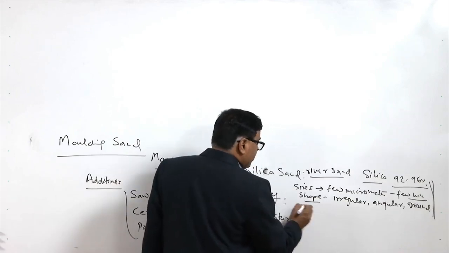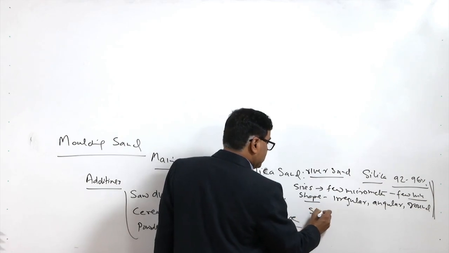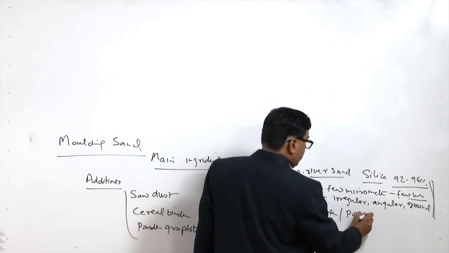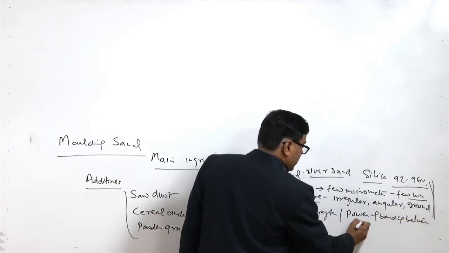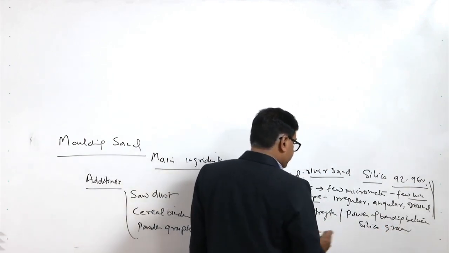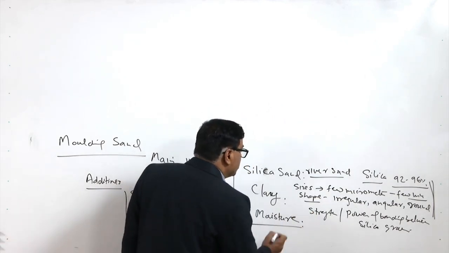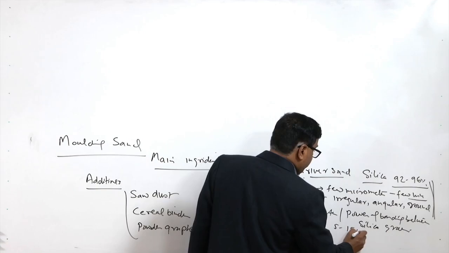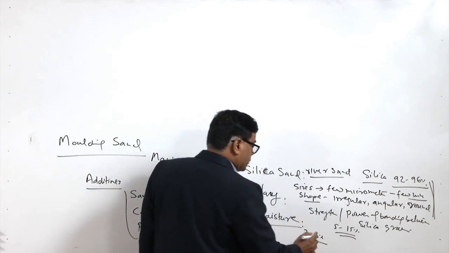Clay provides the required strength, or power of bonding, between silica grains. This clay can be added from, say, 5 to 15%, and the moisture is normally added 2 to 8% for two purposes.